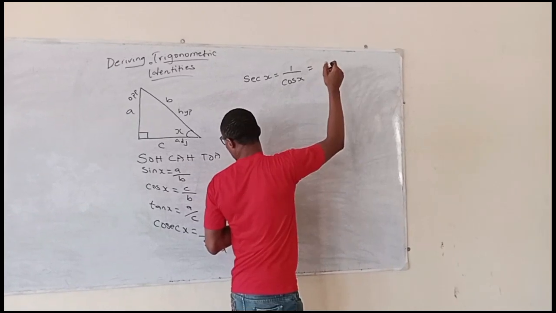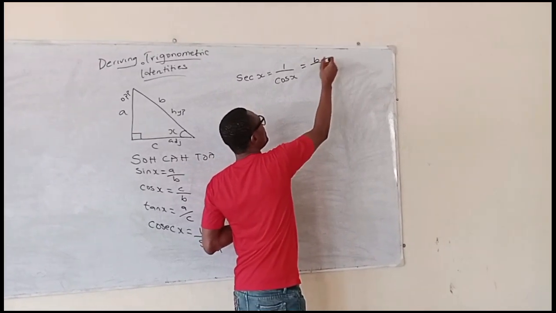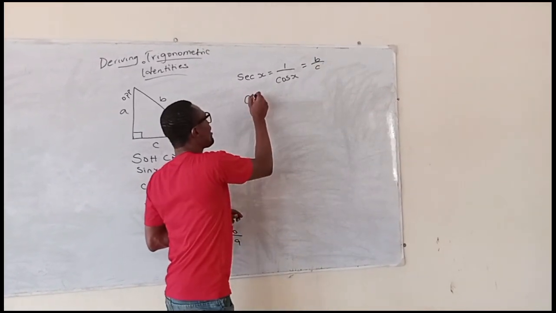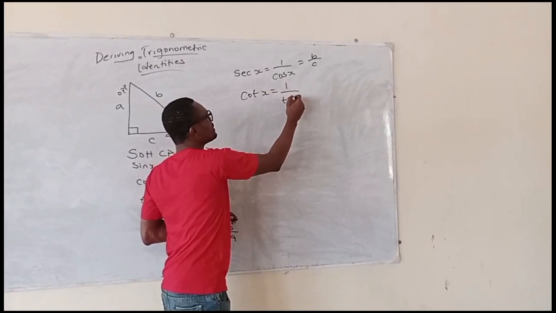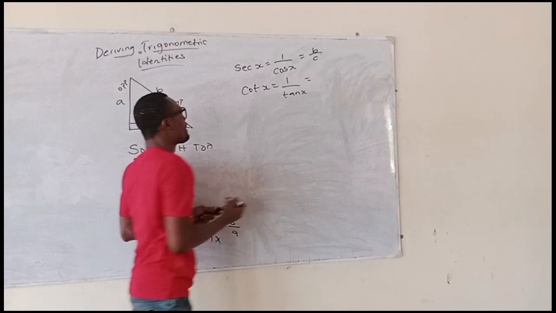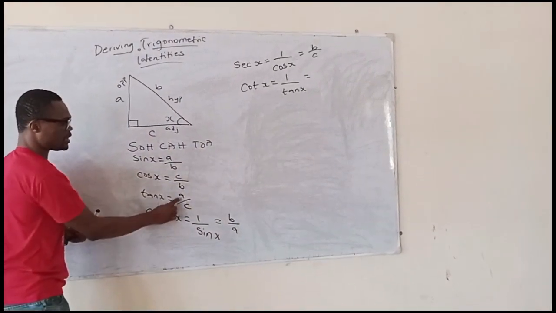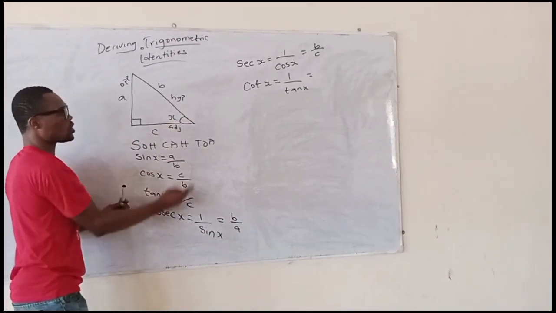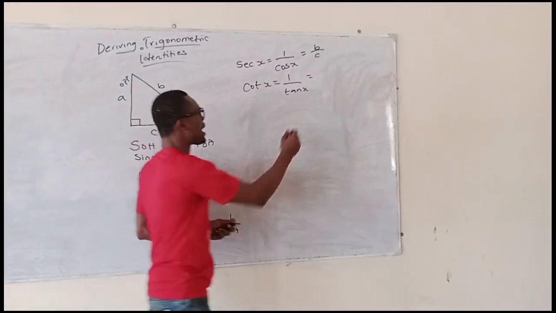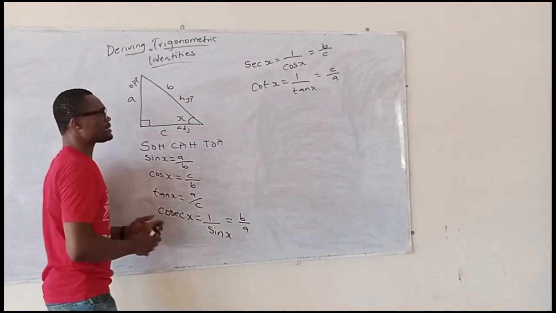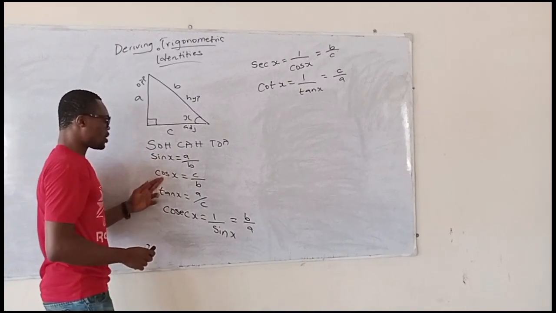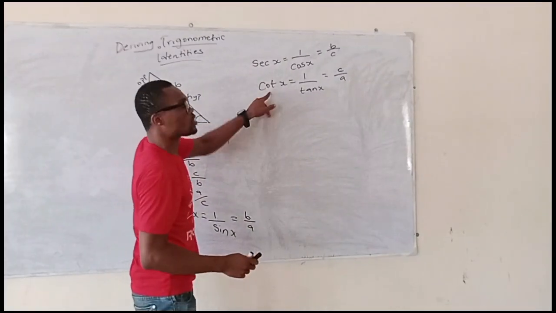Remember cos x is C over B, so sec x is going to be B over C. And then we have cot x, which is the reciprocal of tan x. Tan x in this example is A over C, so cot x will be C over A. So these are the trigonometric identities we have: sine, cos, tan, cosec, sec, and cot.